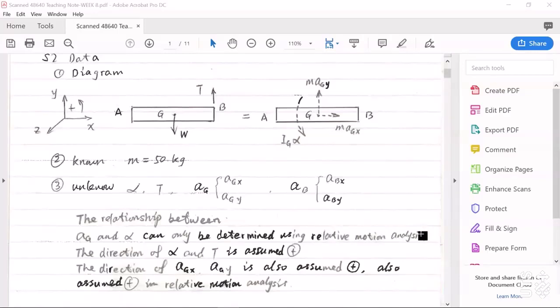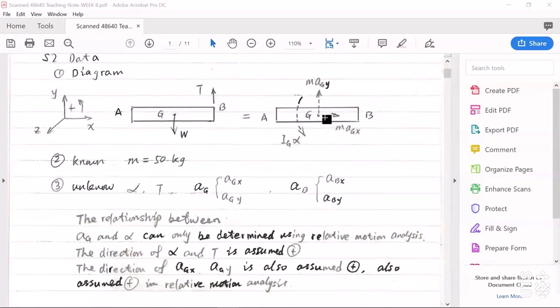We studied in week 4 and week 5. In this diagram, we assume angular acceleration alpha is positive, so it should be counterclockwise according to this defined coordinate system.